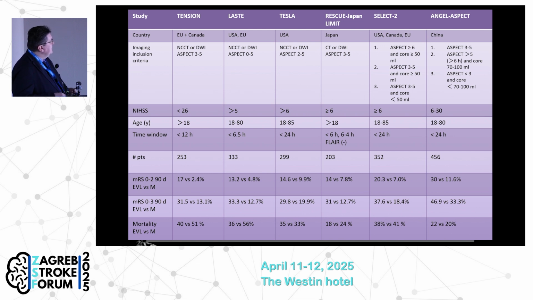So we used mostly only non-contrast CT scan, which is available in every country, and only two, let's say, SELECT2 and ASPECT-ANGEL, used more advanced imaging techniques. But you can see better clinical results if you measure it in mRS 0 to 2 or mRS 0 to 3, and the mortality rate, as you can see, in our trial was decreased as well.